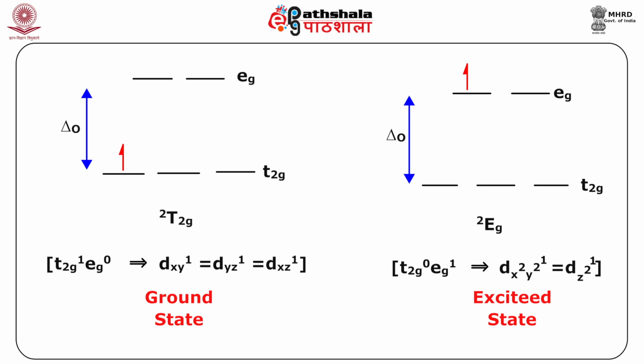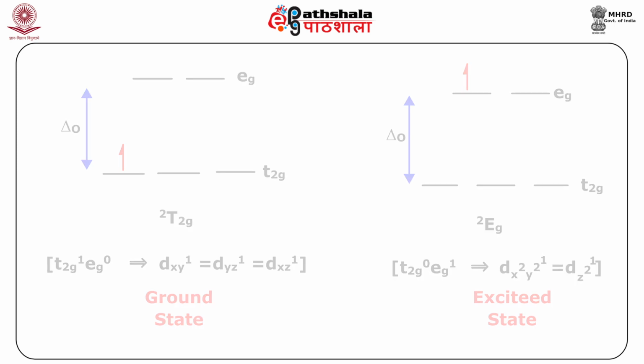When we talk about the new excited state, the configuration is t2g0 eg1. The new excited state term is a doubly degenerate doublet Eg level. Here again, the term is a doublet with a spin multiplicity of 2.